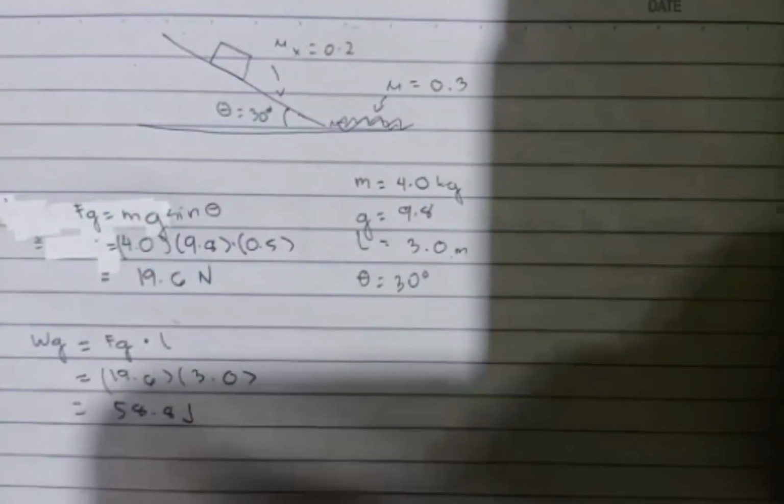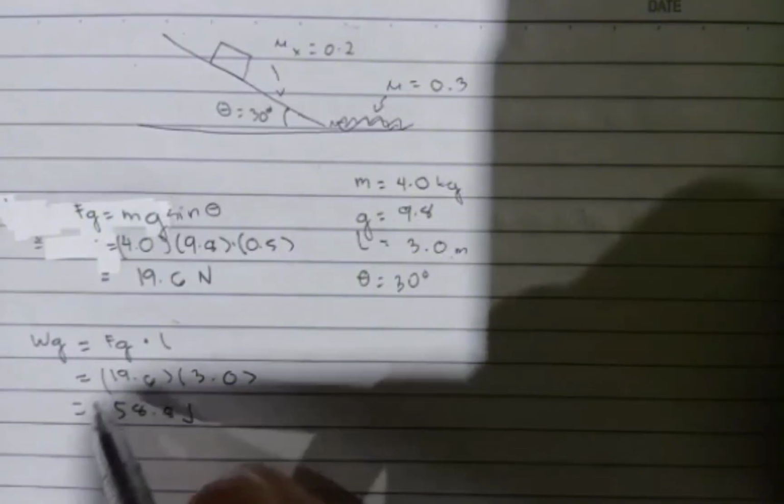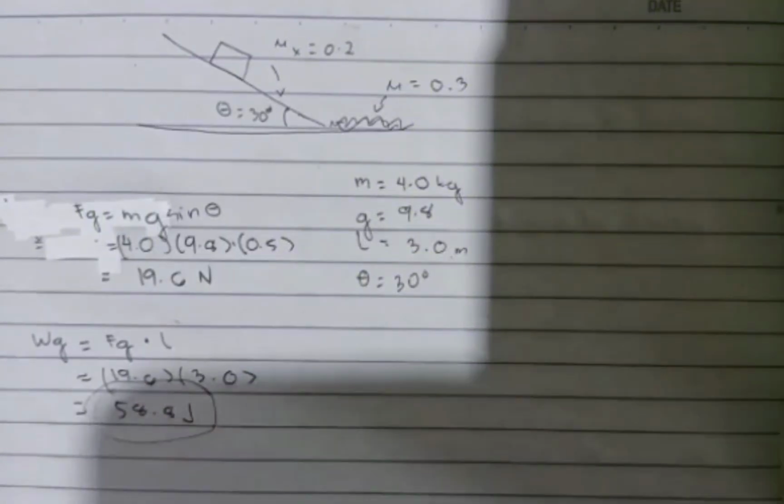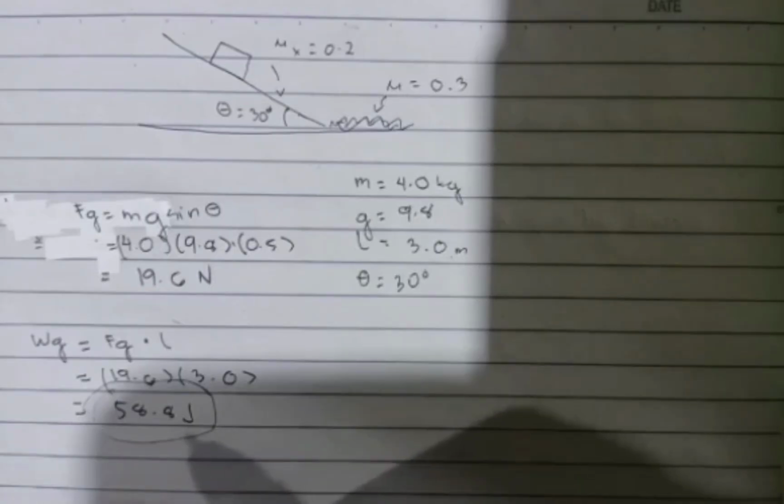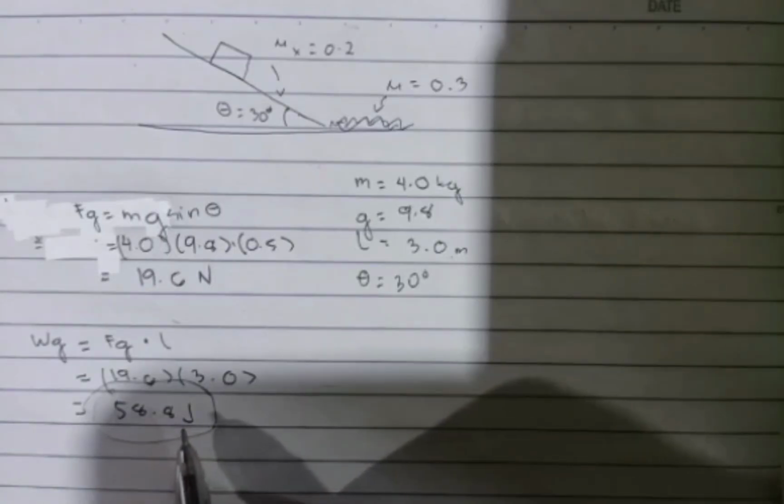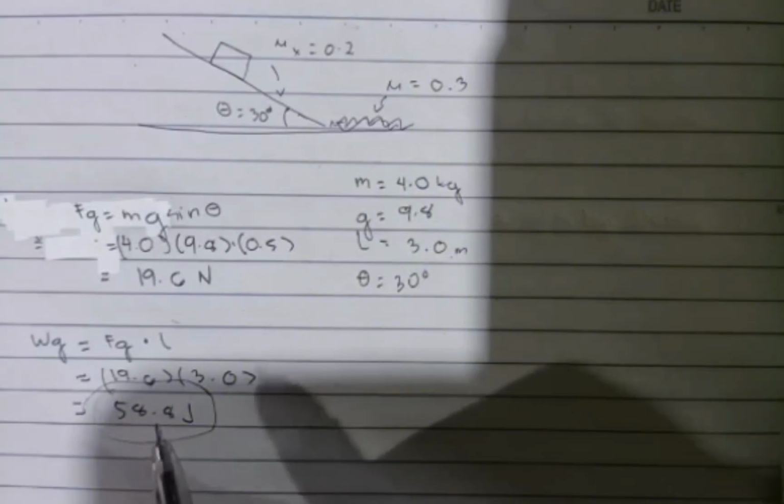This is the work done by the gravitational force while the mass is sliding down the inclined plane. The value is positive because gravity helps the object move down the plane rather than opposing it.